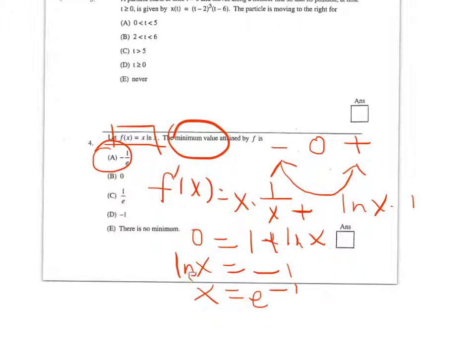That's by definition of natural log. And again, we should know the function goes from negative to 0 to positive. If you graph it in your calculator, you get something like that. So the answer is A.